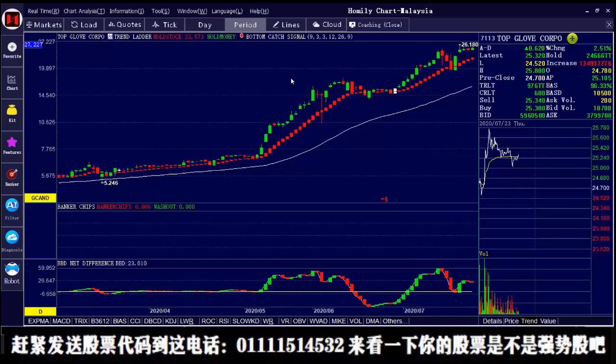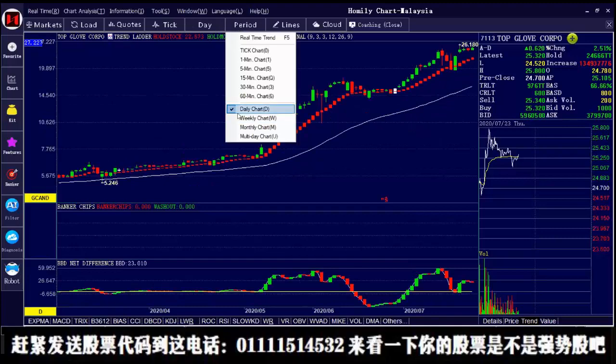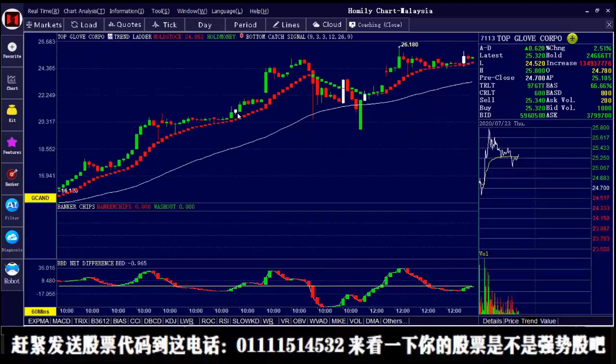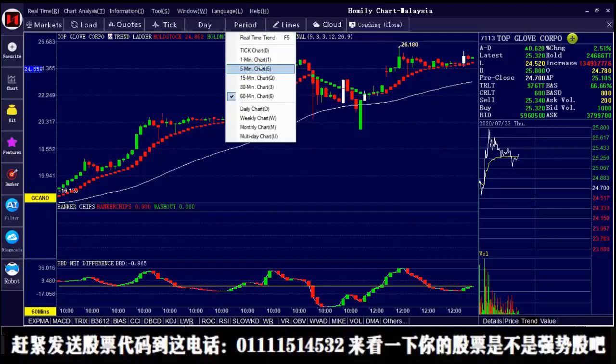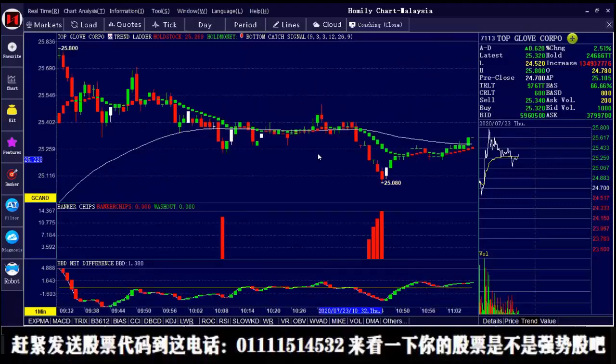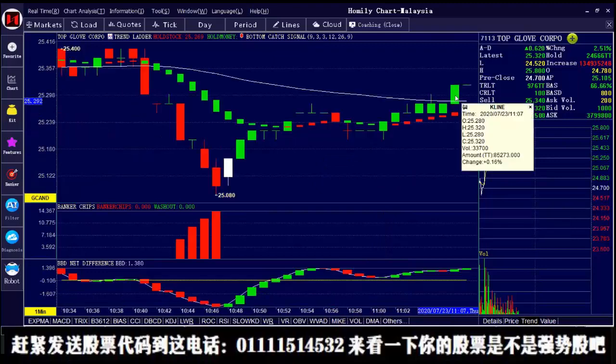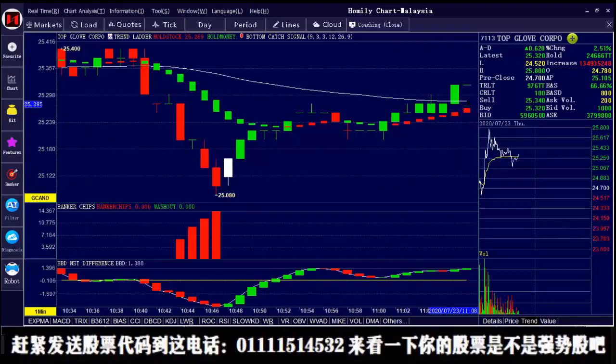Now you can see we got the wetland just now. Okay, I go to the 1 minute chart. Now you see it broke out already, and later it pulled back, and when you see the third minute is still above this pattern, it will go up.